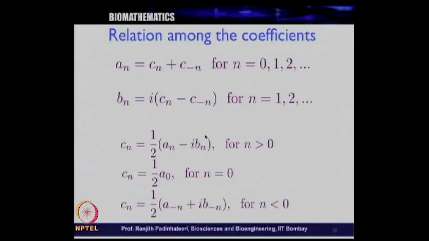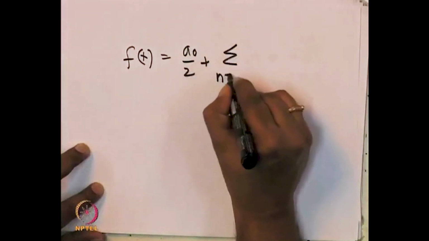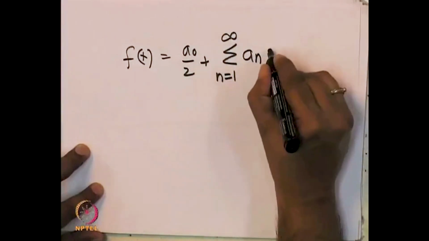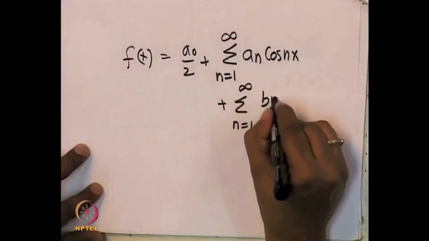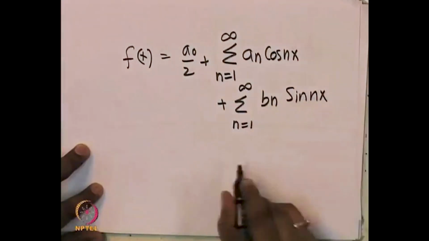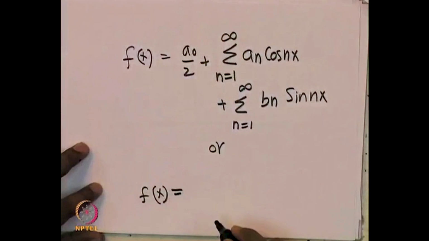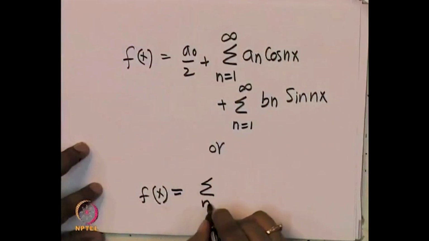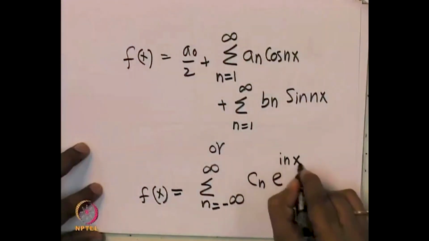So, essentially what we are saying here is that any periodic function f of x can be written as a 0 by 2 plus the sum over n equal to 1 to infinity of a n cos n x plus the sum over n equal to 1 to infinity of b n sin n x, or f of x can be written as the sum over n from minus infinity to infinity of c n e power i n x.